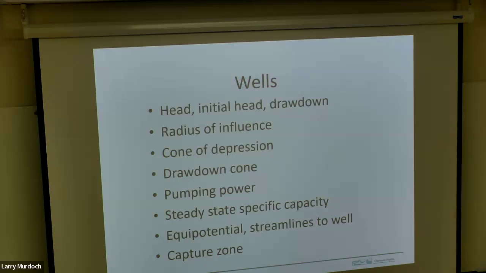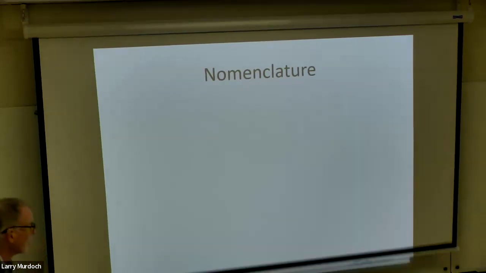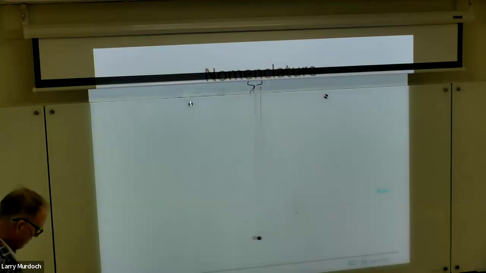So talk about some nomenclature, radius of influence, cone of pressure. I'll show you what that means, and then we want to look at what happens when we pump water out of a well, and what are the physics and what are some of the responses. So let's start with some nomenclature.